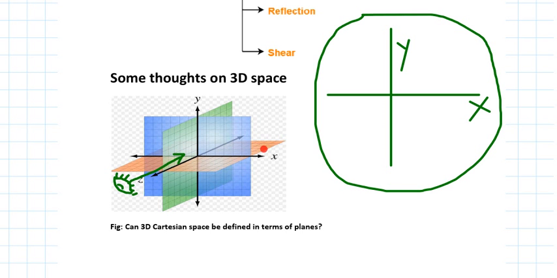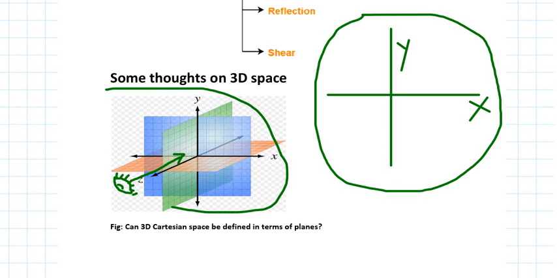I hope this makes sense to you. So a three-dimensional space can be represented by using three perpendicular primary axes, or three perpendicular primary planes in other words. This was the idea behind this diagram.